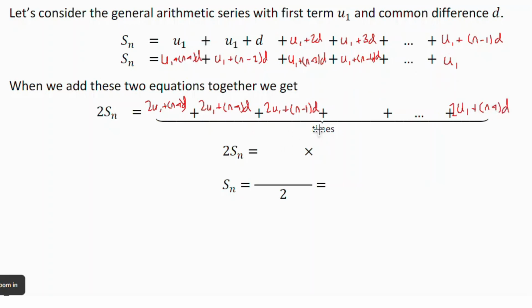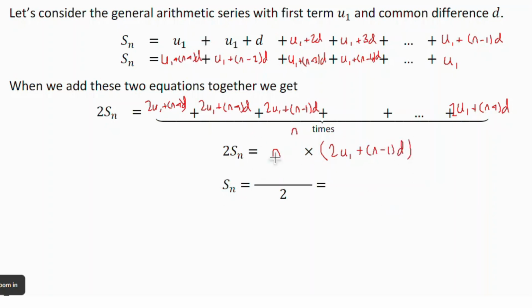And how many times has that happened? Well, there are n of these, so that has happened n times. So 2Sn is equal to n times this thing. That is 2 u1 plus n minus 1d.